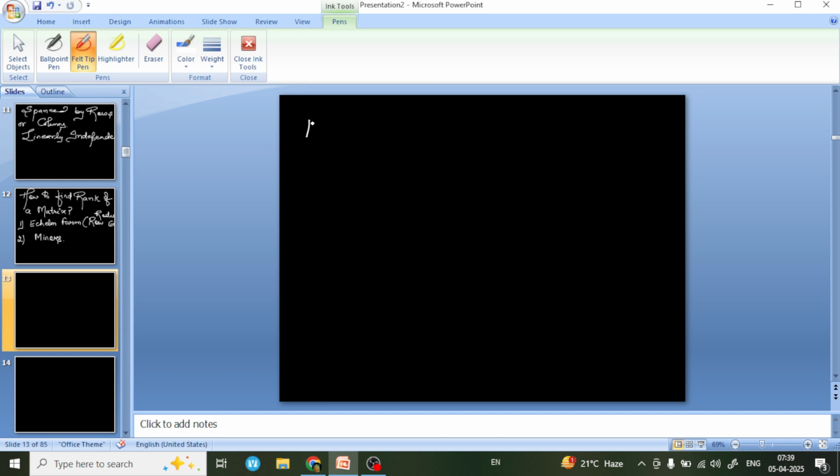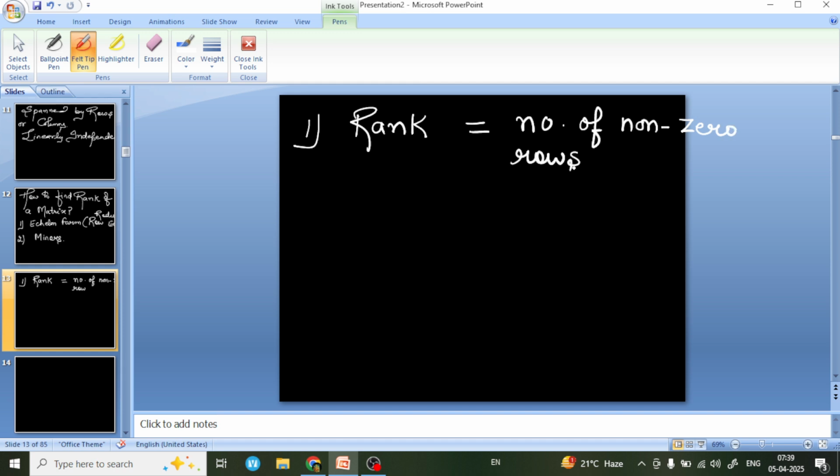In the first method, the rank is equal to the number of non-zero rows in the echelon form.